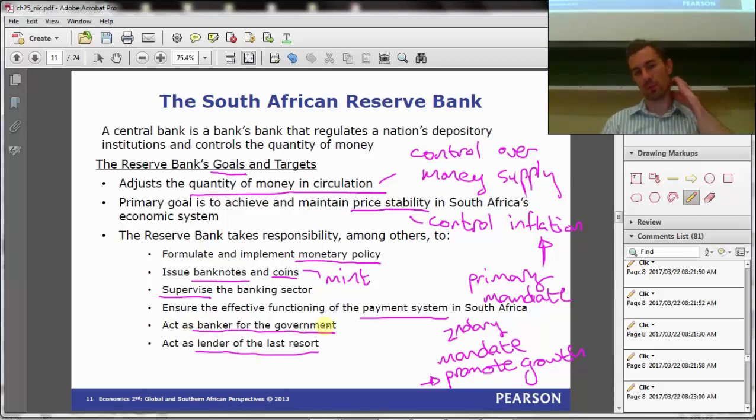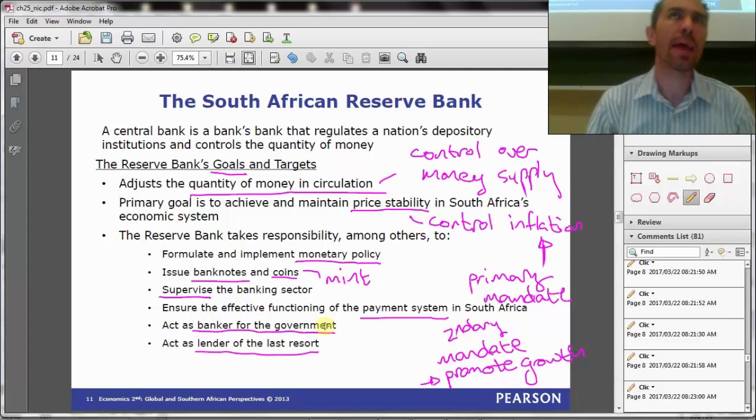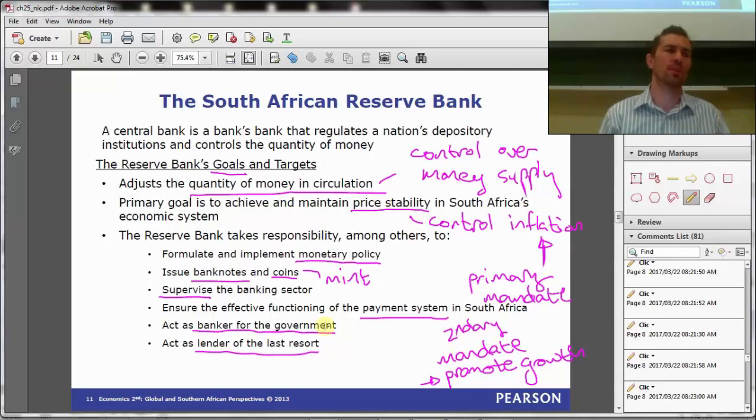And lender of last resort is a very special role that a Reserve Bank has, which allows them to intervene when a bank has a potential liquidity crisis. So what Yanni was telling us last week, or the week before, I can't remember, there's that recent issue where ABSA was coming under fire, I think by the EFF and the public protector, for some strange reason, saying that ABSA had made money out of a bank bailout that the Reserve Bank had been involved in, and that it was somehow a dodgy deal.